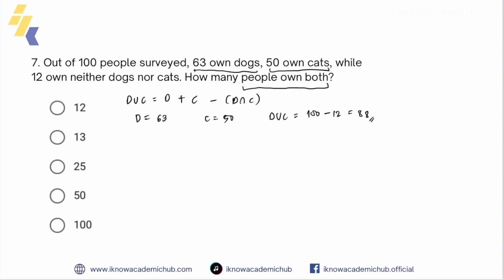Now substituting the values, we have 88 equals 63 plus 50 minus D intersection C. So our D intersection C is just 63 plus 50 is 113 minus 88. So we have 25 people owning both. So this is the correct answer.